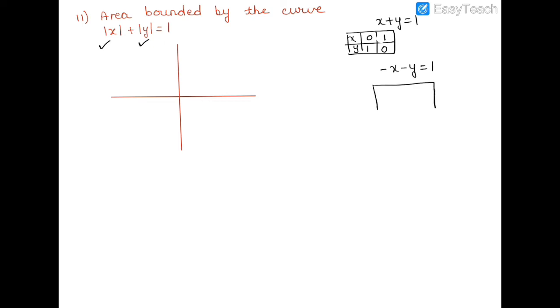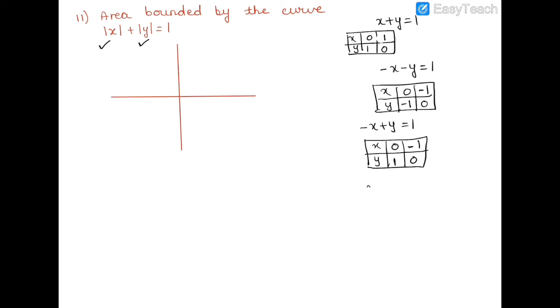Again, to find the coordinates, when I put x as 0, y is minus 1, and y is 0, x is minus 1. Then maybe first is positive, second is negative: x is 0, so y is 1, y is 0, x is minus 1.